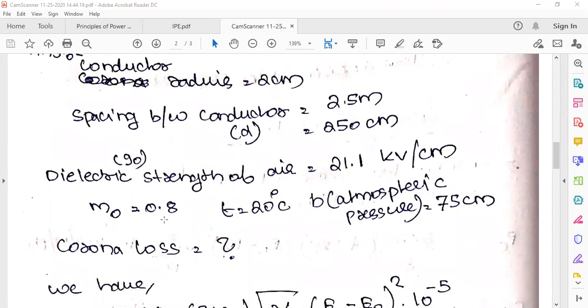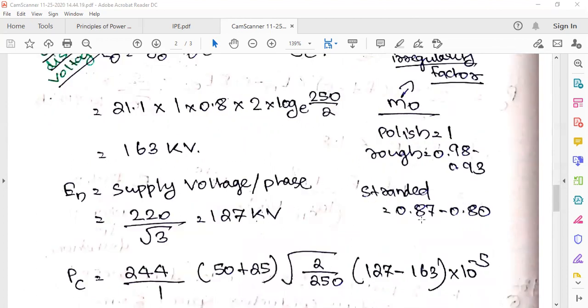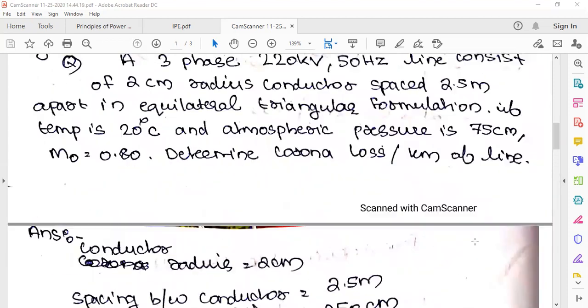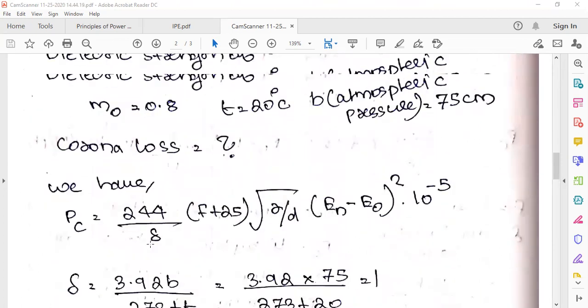M naught, the irregularity factor, for a polished surface is 1, for a rough surface it is 0.98 to 0.93, and for a stranded surface it is 0.87 to 0.80. In our problem they have said take M naught equal to 0.80.